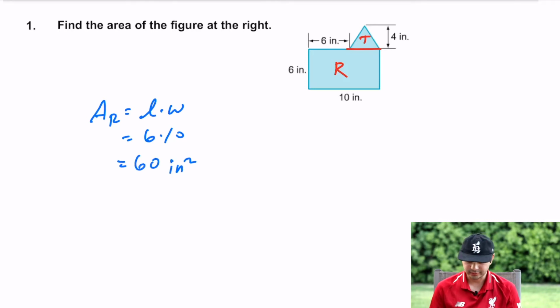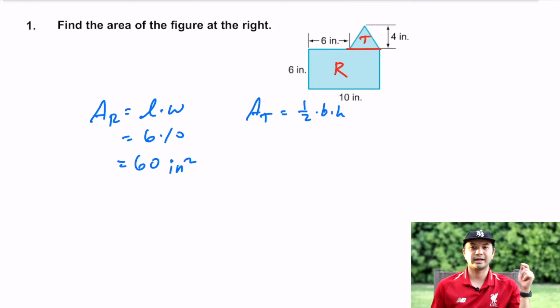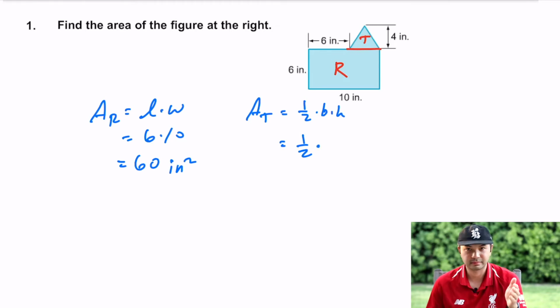Now we can find the area of the triangle. If you recall, it's 1/2 base times height, and now it's time to think a little harder about what the base and height are. 1/2 stays there. The base is usually the bottom, perpendicular to the height. We know that the height is 4, so we're going to call that the height. So the base is this right here.